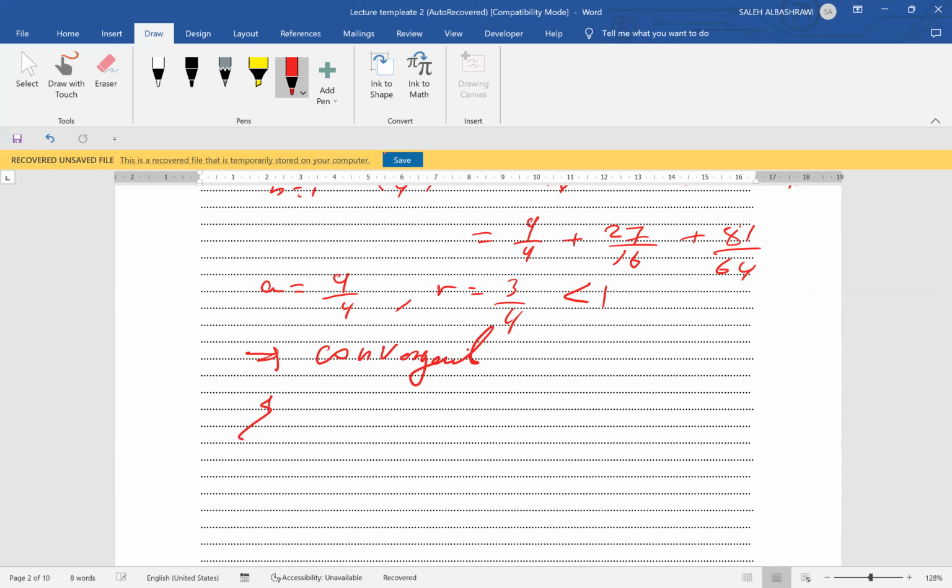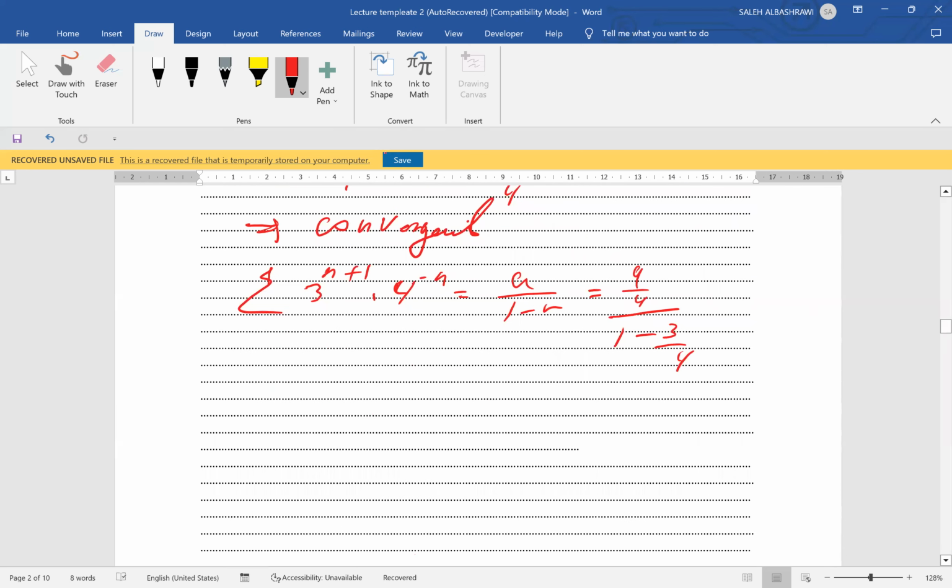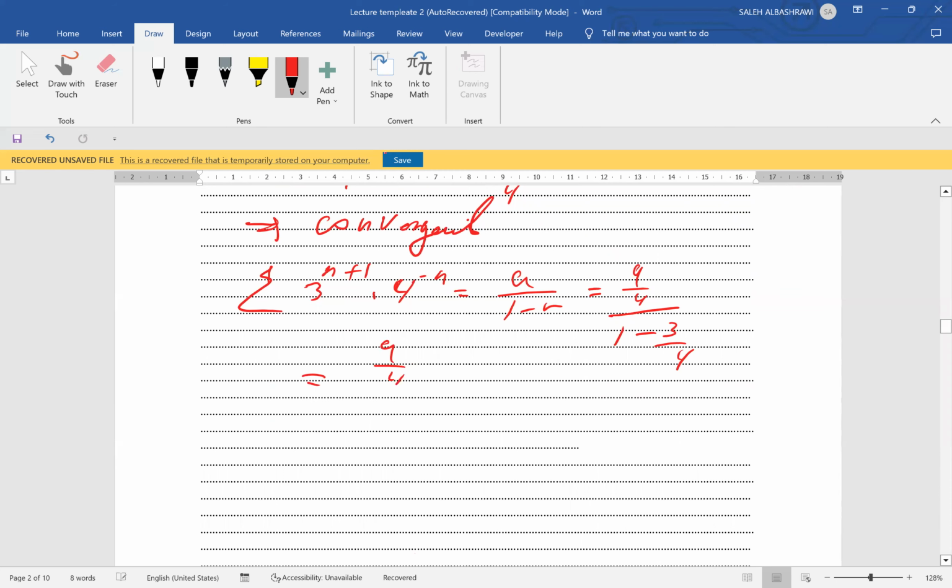So the sum of 3 to the power n plus 1 times 4 to the power minus n is equal to A divided by 1 minus R, which is equal to 9 over 4 divided by 1 minus 3 over 4. This can be written as 9 over 4 divided by 4 minus 3 over 4.